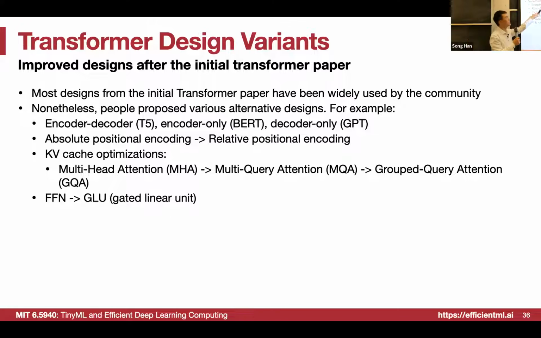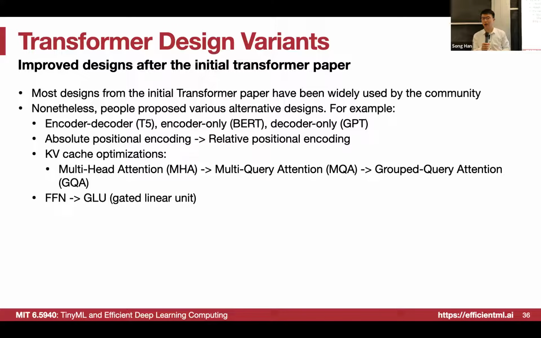So people proposed various alternative designs, including the encoder-decoder model, and variants including the encoder-only model like BERT, or the decoder-only model like GPT. And also, rather than just absolute positional encoding, people find encoding relative position matters. So we're going to talk about those relative positional encodings.